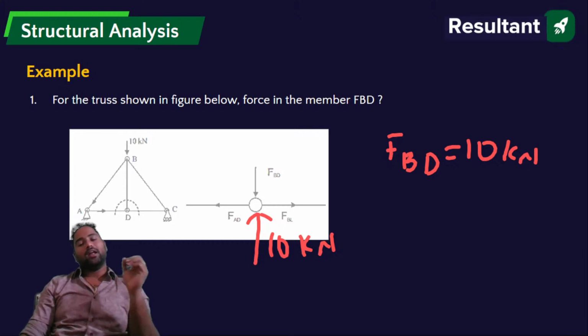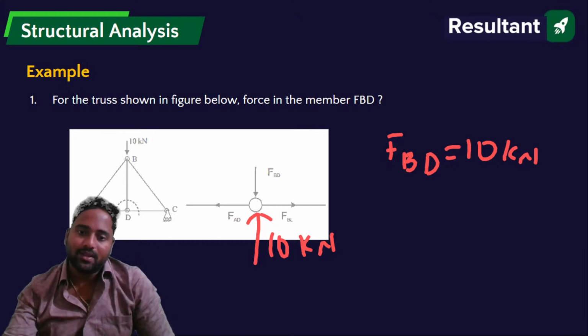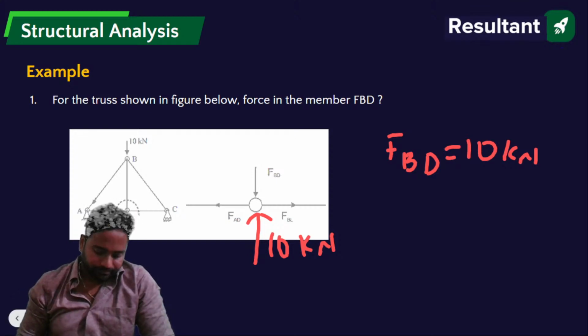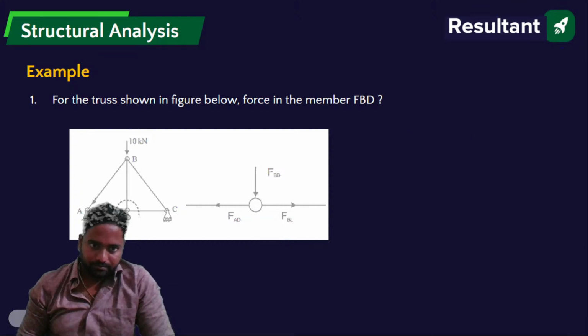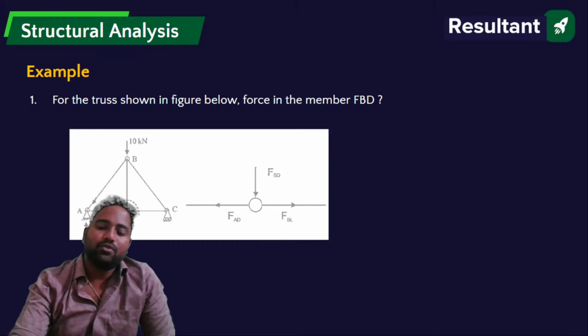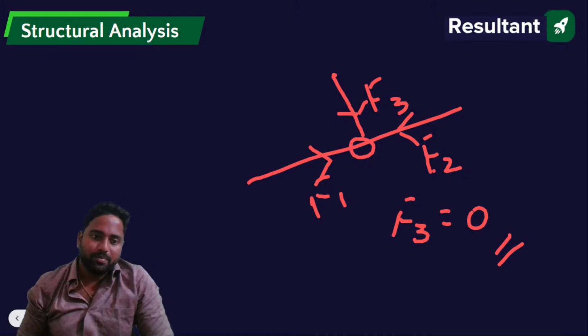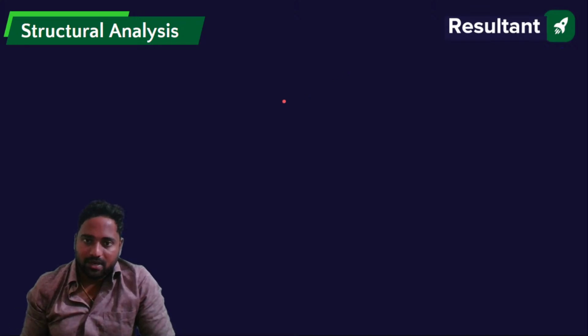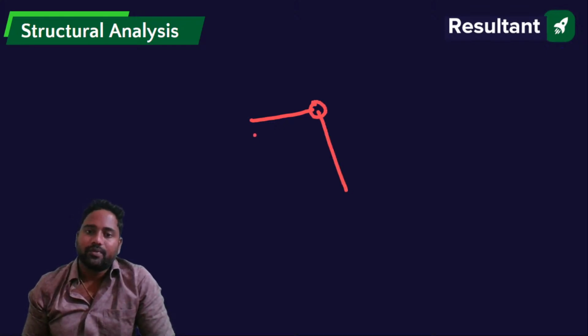Fine, guys. Now, similarly, if two perpendicular members are meeting at a joint and no load is applied over there, let us say I'll take this as F1 and this as F2.